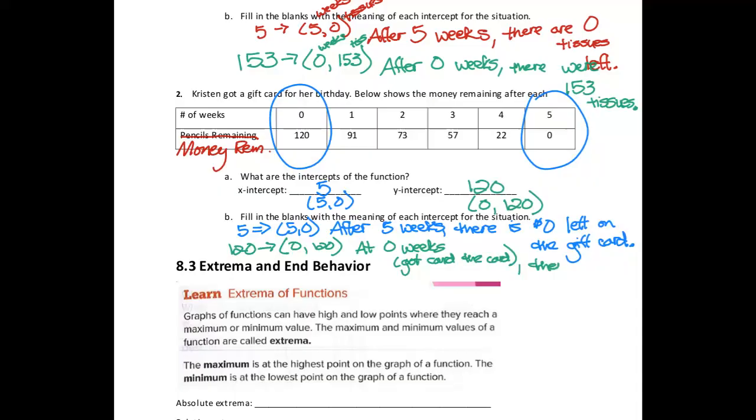There was what? $120 on the gift card. Okay.